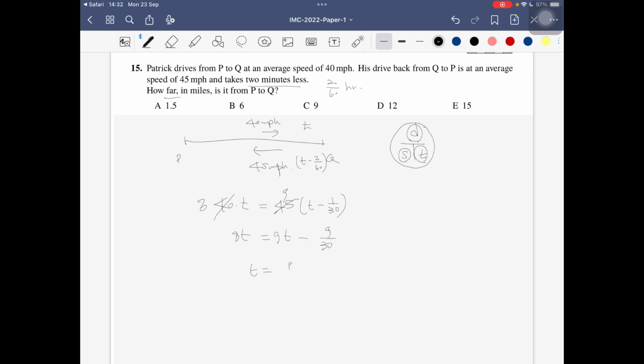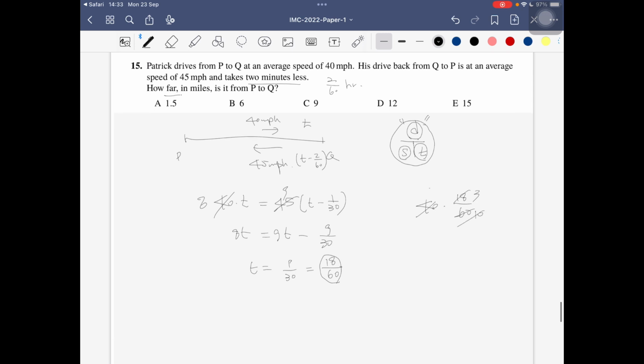So t equals 9 over 30 equals 18 over 60. So this is the time taken from P to Q. We can find the distance as it asks about the distance. So 40 times 18 over 60, 12.